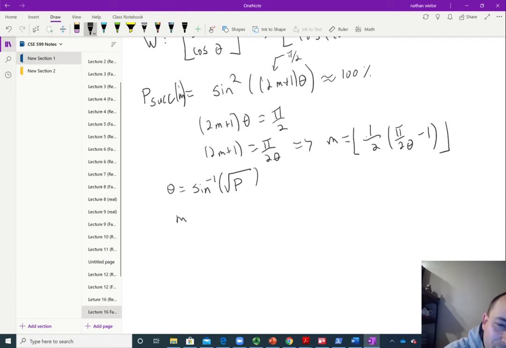So we can equivalently write this as the floor function of 1/2 of pi over 2 arc sine of the square root of the probability, minus 1.